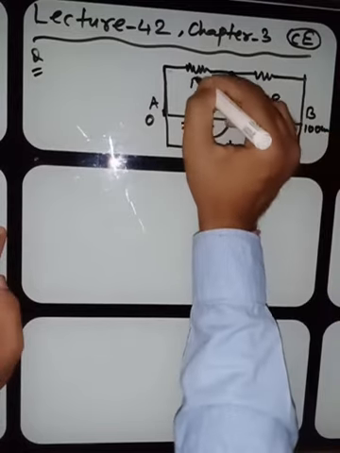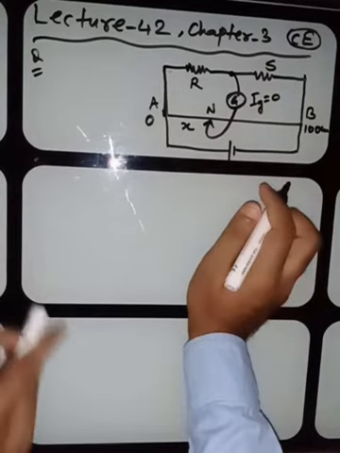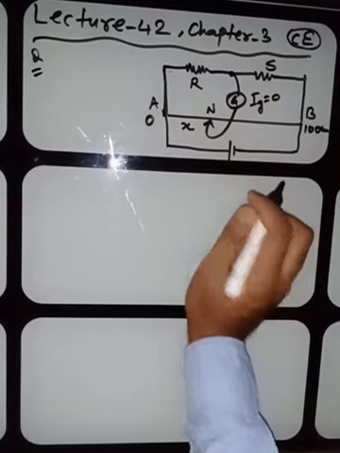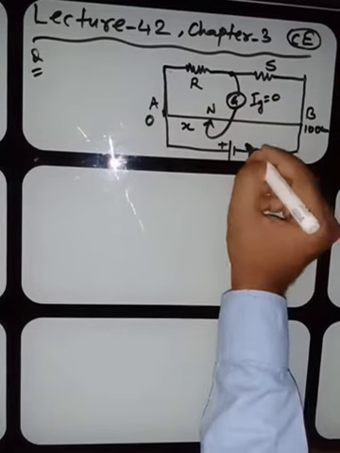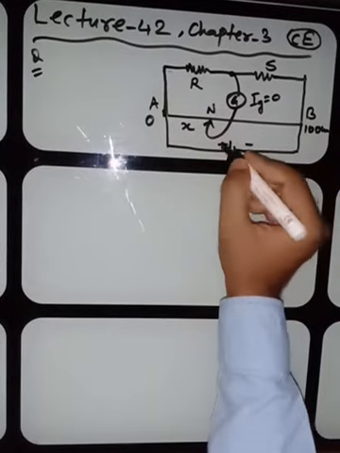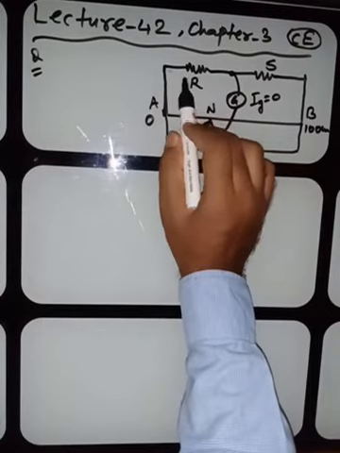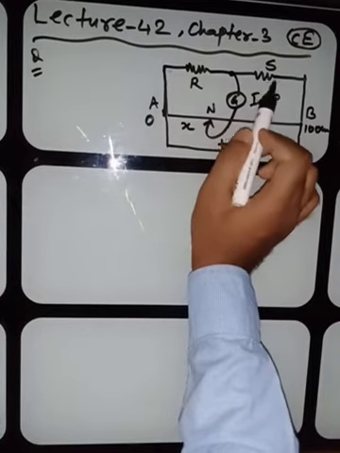Now suppose the resistances R and S are connected at the two points. In the meter bridge experiment, this is the terminal, plus minus voltage V. In the meter bridge experiment, we take one known and then we find the other unknown value.